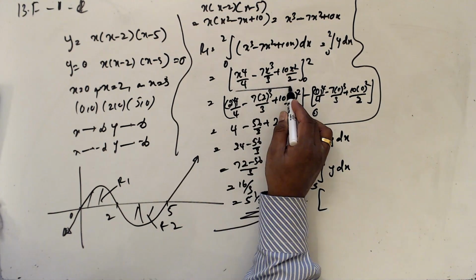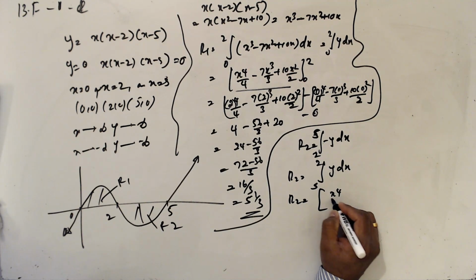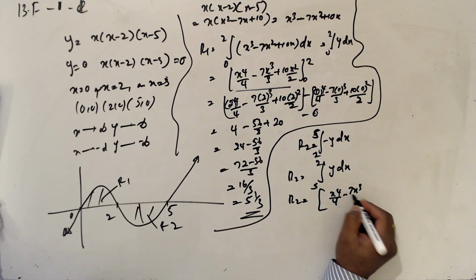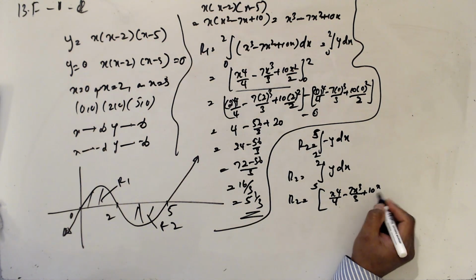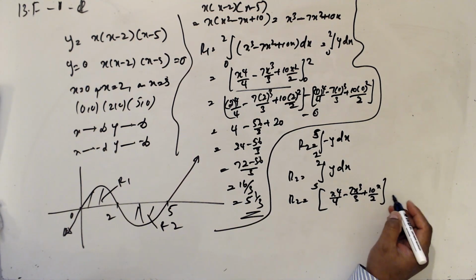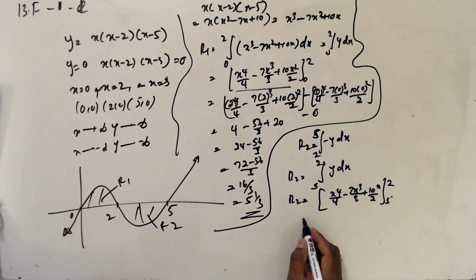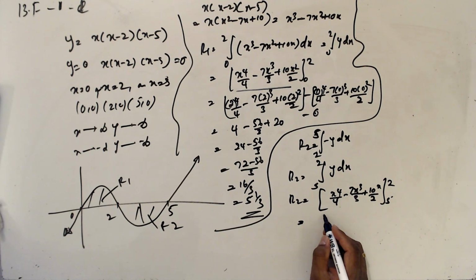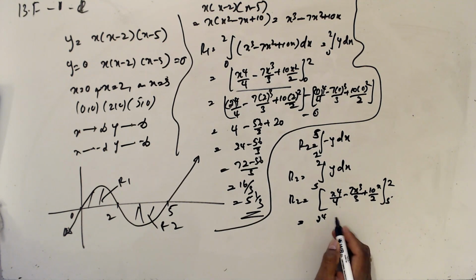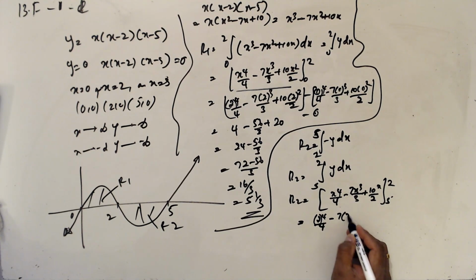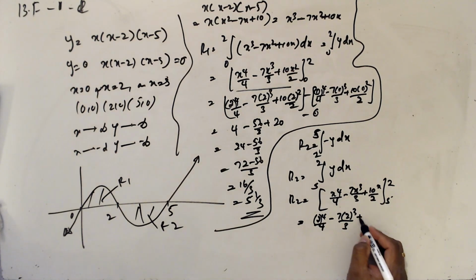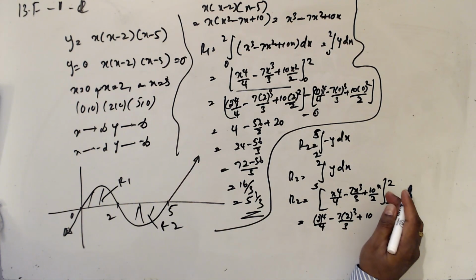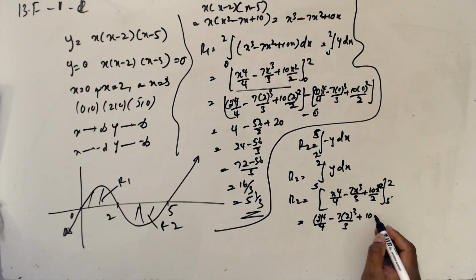x^4 over 4, 7x^3 over 3, 10x^2 over 2, from 5 to 2 now. Now 2 to the power 4 over 4, minus 7 times 2 to the power 3 over 3, and 10 times 2 squared over 2.